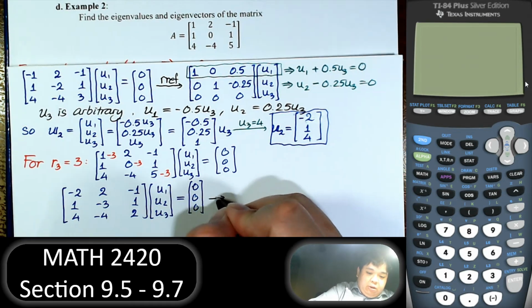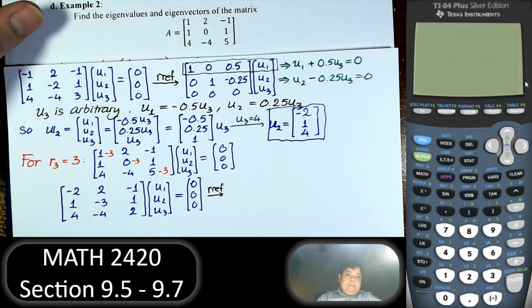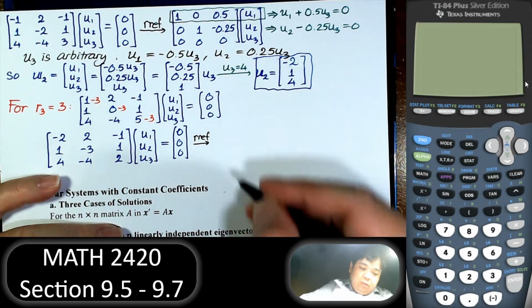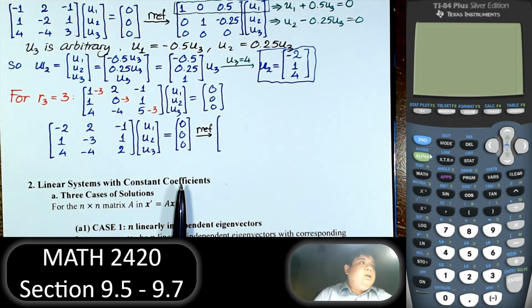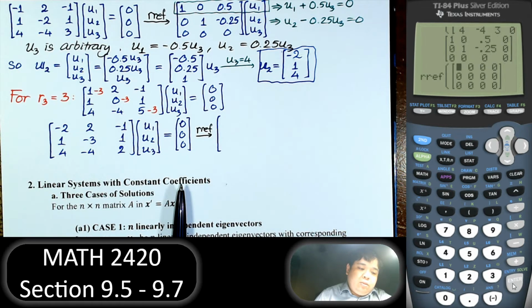I'll just do reduced row echelon form. If it works out perfectly, the last row should be 0. -2, 2, and -1, 1, -3, and 1, 4, -4, and 2.